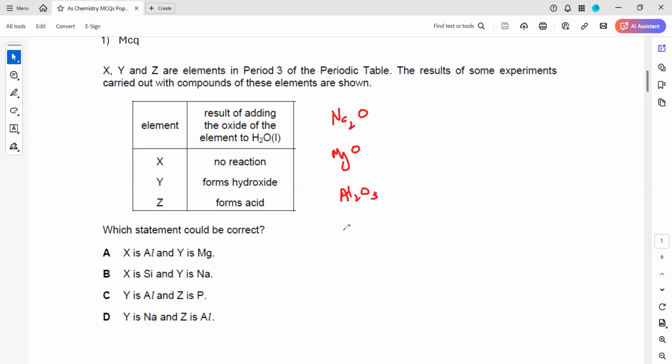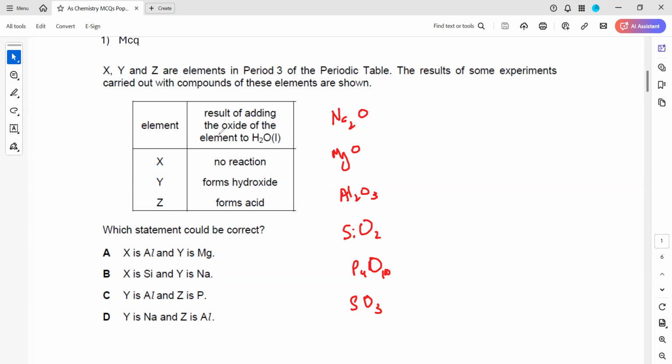Then we have the period 3 element silicon, silicon dioxide is there, phosphorus oxide, P4O10, and then sulfur trioxide is there.